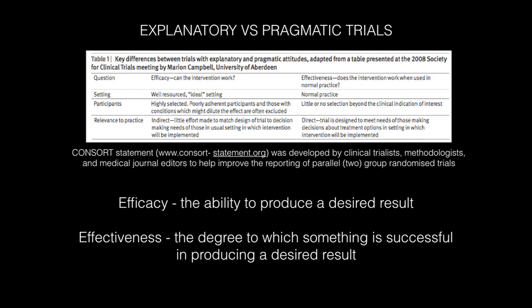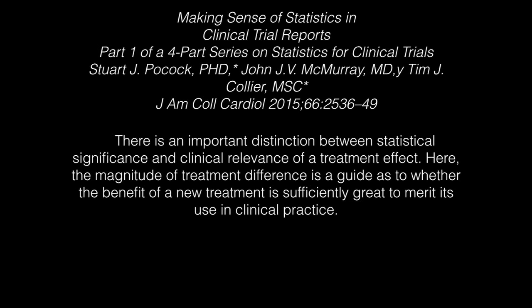Explanatory trials test efficacy, the ability to produce a desired result. Pragmatic trials test effectiveness, the degree to which something is successful in producing a desired result. There's a big difference between efficacy and effectiveness. And for making sense of statistics in clinical trial reports, you all might want to take a look at this series.